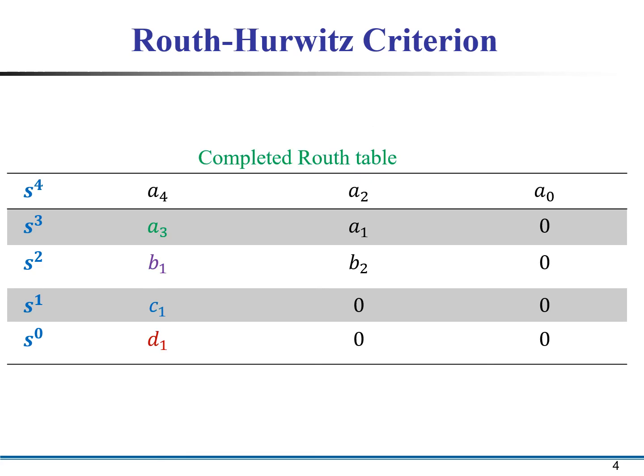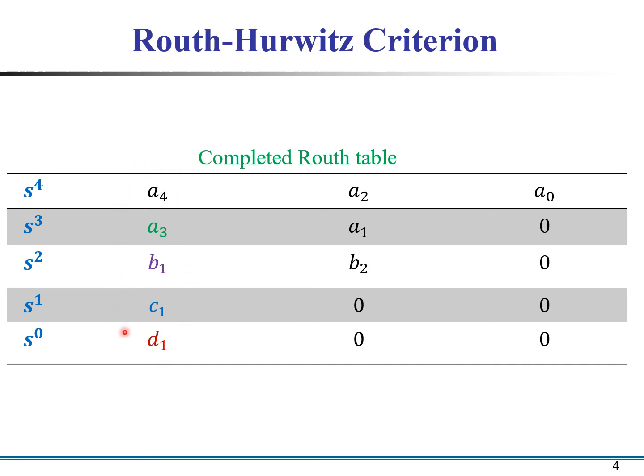So the table will look like this, and you have to see the number of sign changes in column number 1. So if you see the number of sign changes are 2, this means there will be 2 poles in the right half S plane. If you see there is no sign change in the first column, this means the system is stable, that there is no pole in the right half S plane.